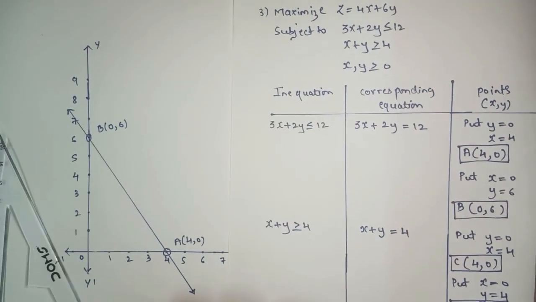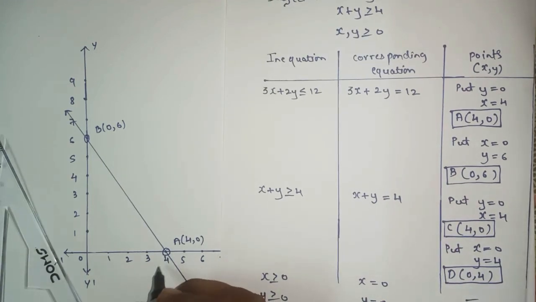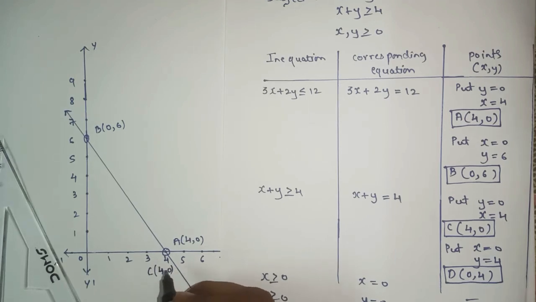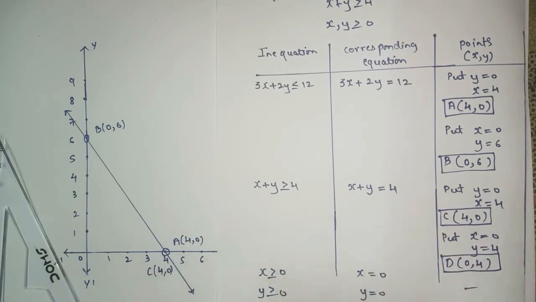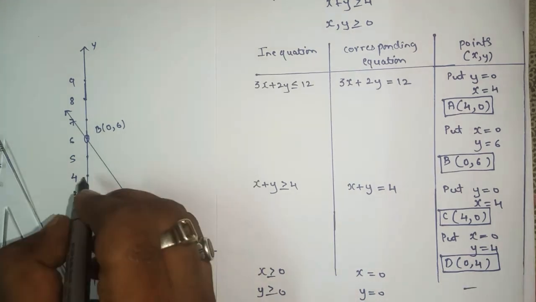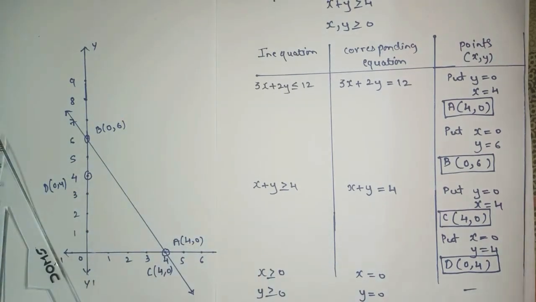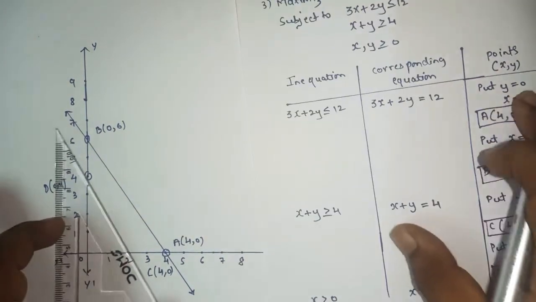So the next point is what? C is 4 comma 0. It will lie there only, where A is. Yes or no? D is what? 0 comma 4. Now we'll join these two points.